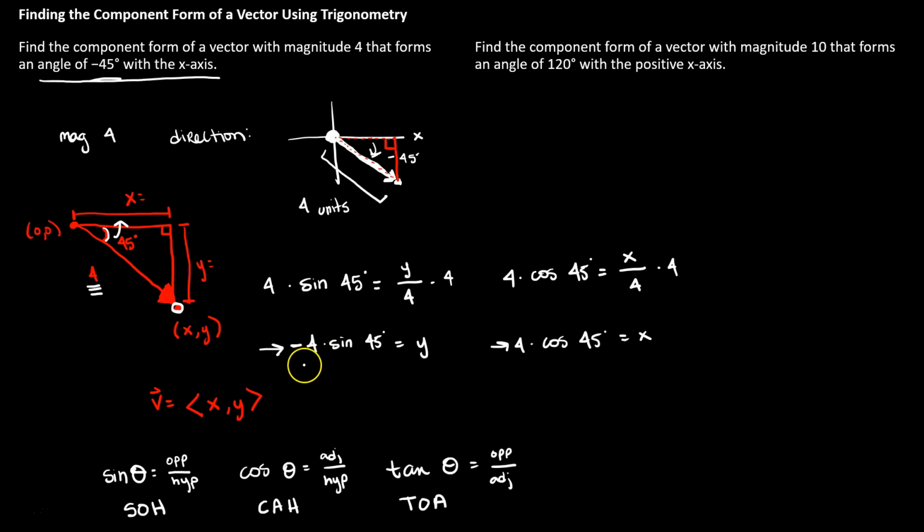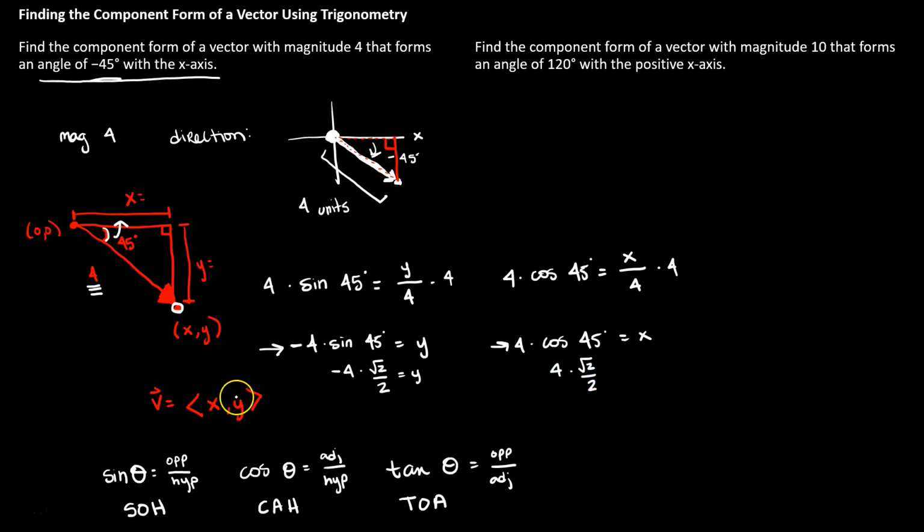So we can type these into our calculator, or we can remember that sine of 45 is root 2 over 2, so our y value turns into negative 4 times root 2 over 2, and our x component turns into positive 4 times root 2 over 2.